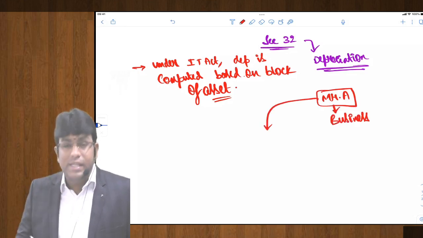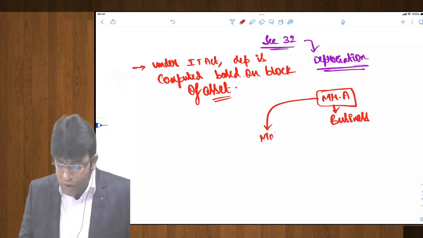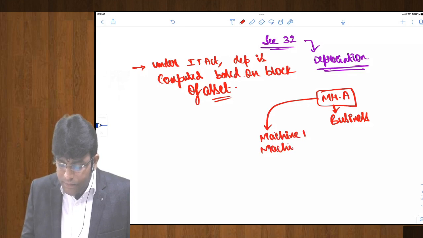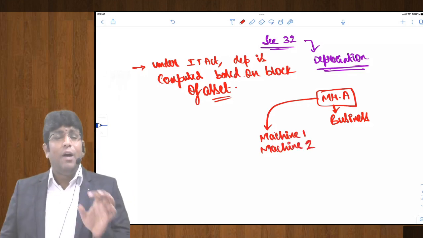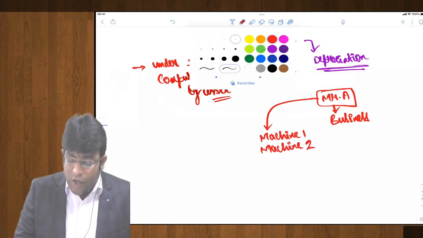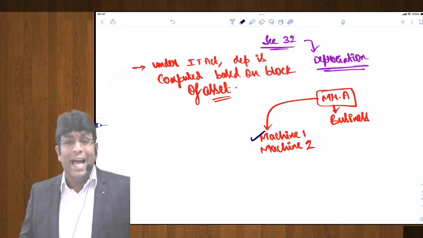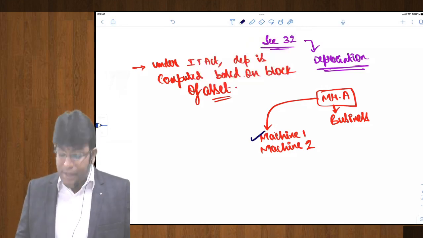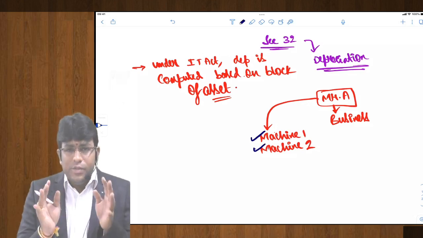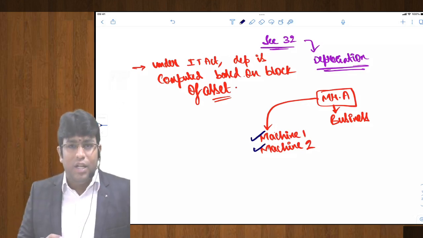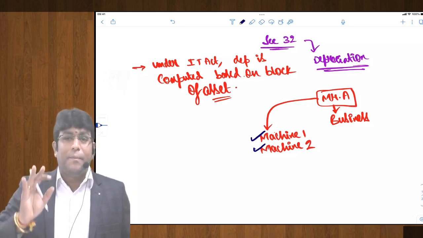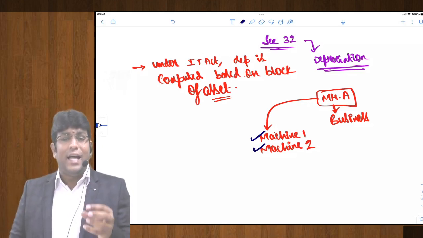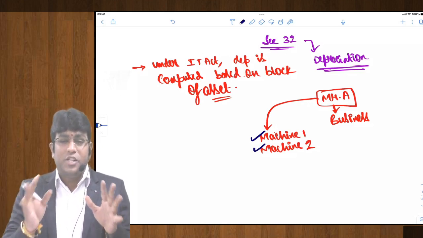Imagine he has got two machines in his factory. Machine 1, machine 2. Under accounting system or accounting terminology, we will separately calculate depreciation for machine 1 and separately calculate depreciation for machine 2.